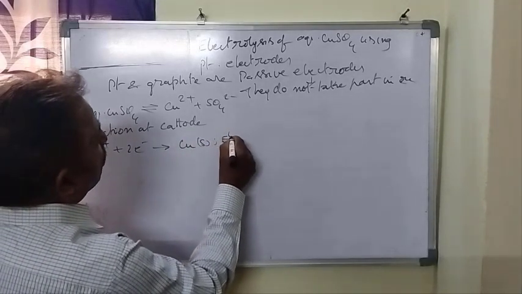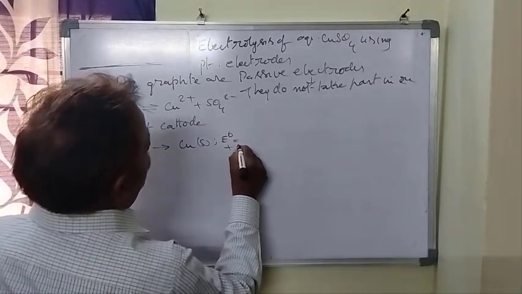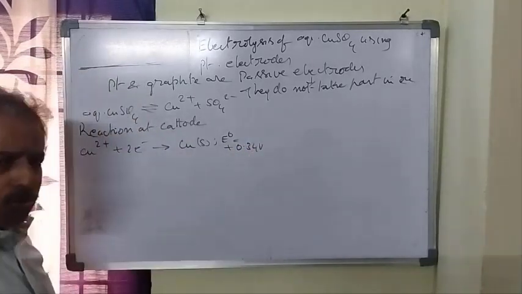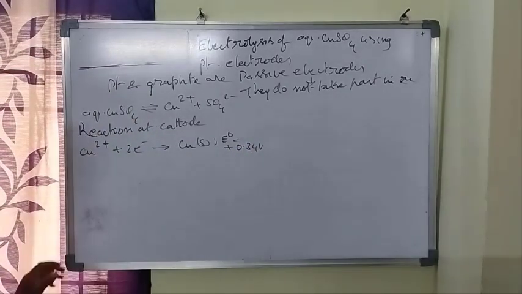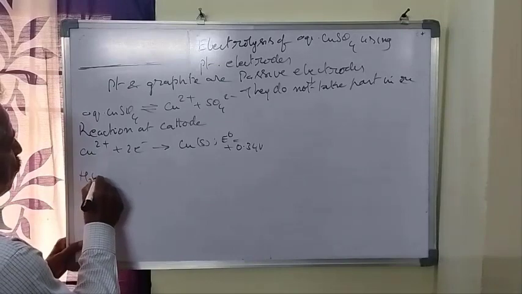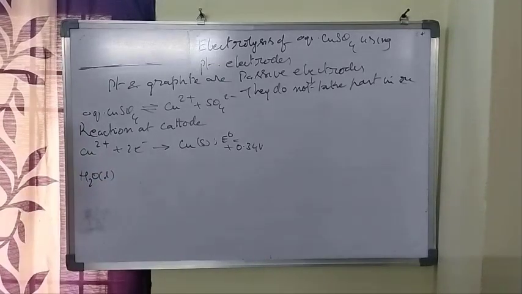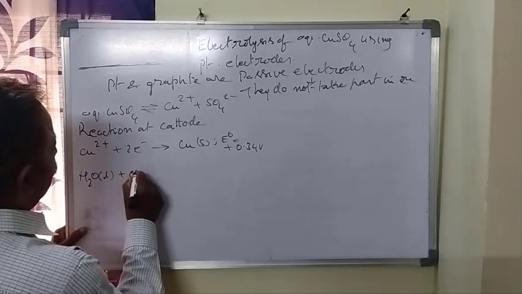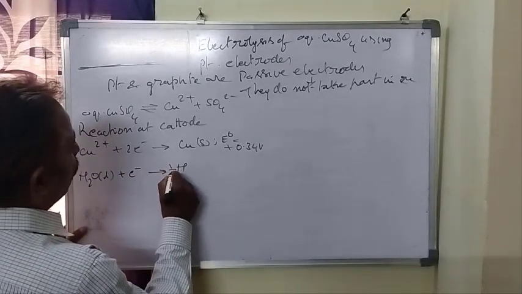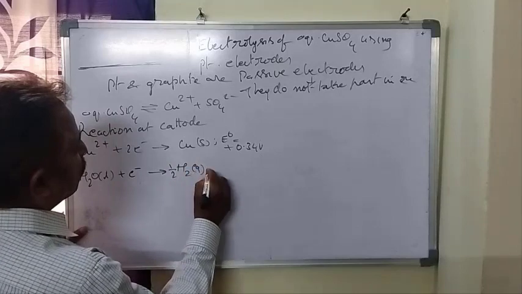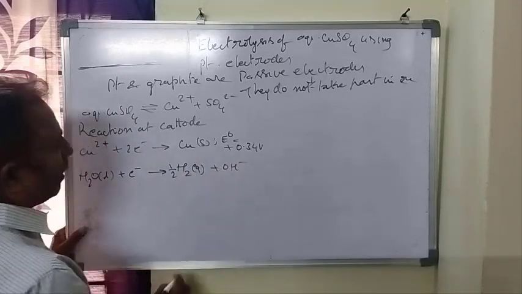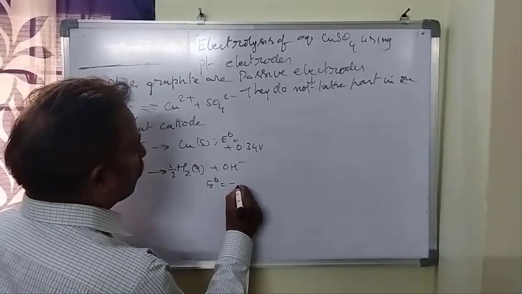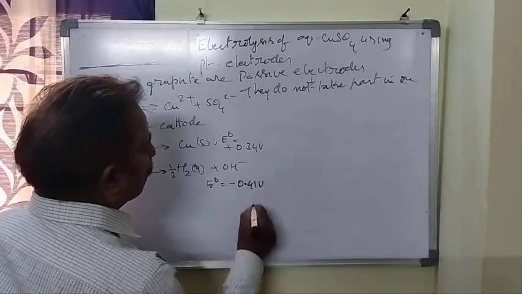E0 cell equals plus 0.34 V. Another reaction is that water also gets reduced at the cathode. It takes an electron and becomes half H2 plus OH-. Here E0 equals minus 0.41 V.